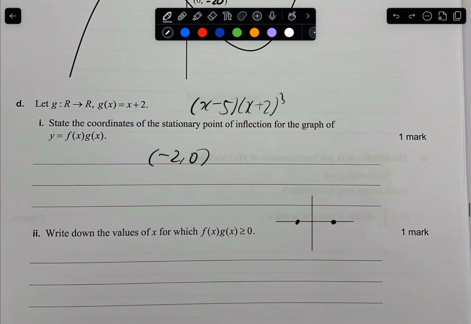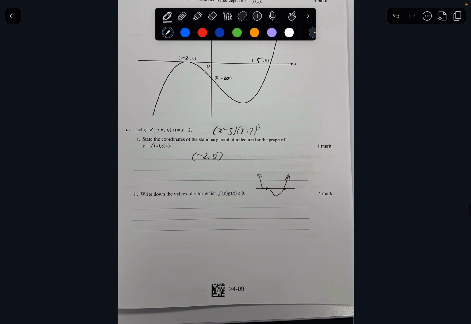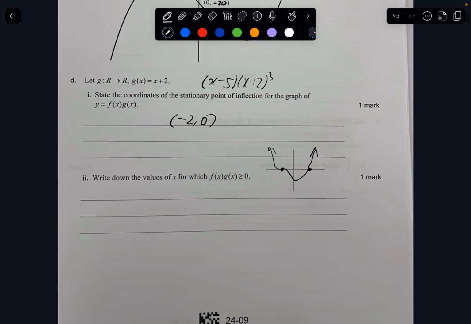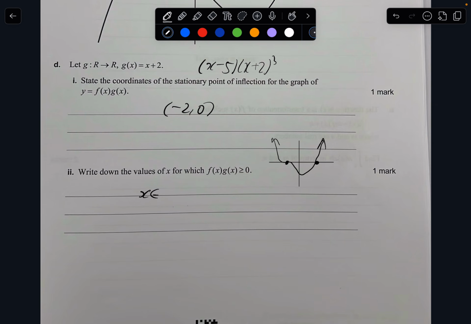That's because it's now a power of 4, it will start at the top and finish at the top. So it will be greater than or equal to 0 for x is an element of negative infinity to negative 2 union 5 to infinity.